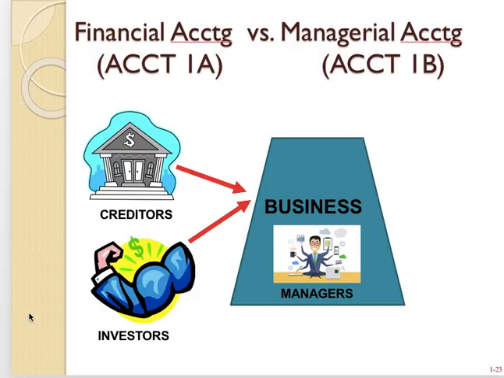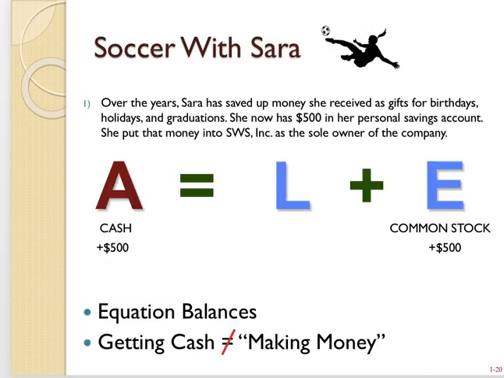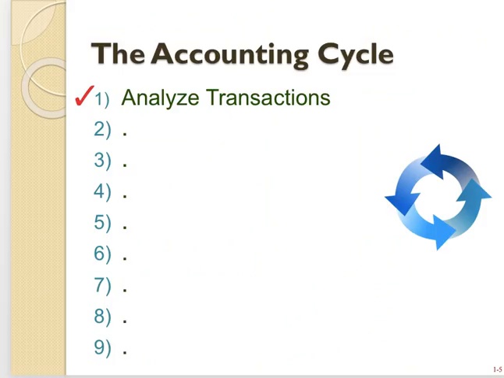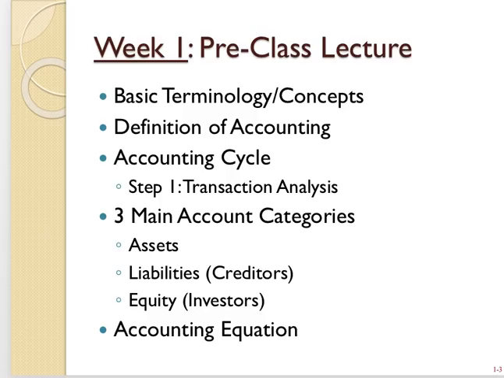So that concludes our pre-class lecture on basic terminology. Now I want to make sure again that we recap. Again, this is on basic terminology and concepts. We talked about the definition of accounting. We talked about what the accounting cycle is and what transaction analysis looks like.